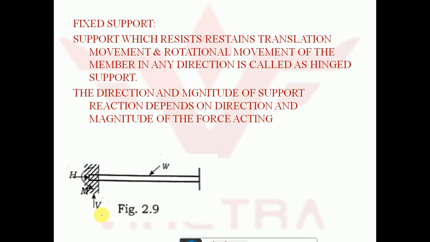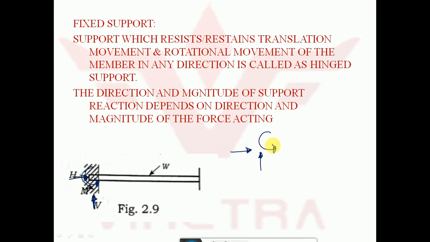Whatever reactions are developed because of the applied load, what are the reactions developed? Vertical restraint, horizontal restraint, and a moment will also develop here, because the body is not allowed to move horizontally, not allowed to move vertically, and not even allowed to rotate.